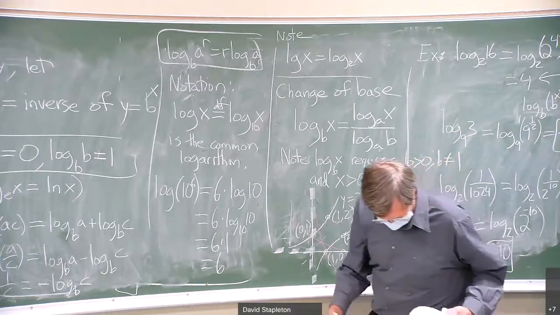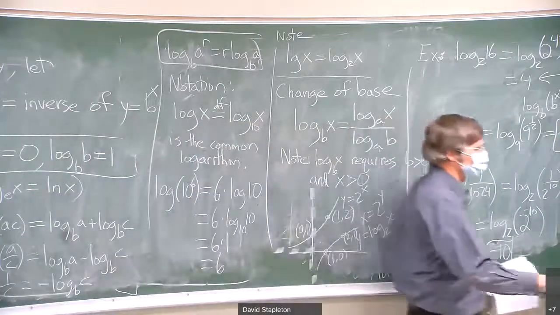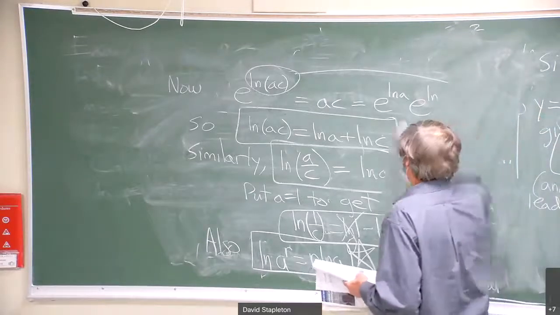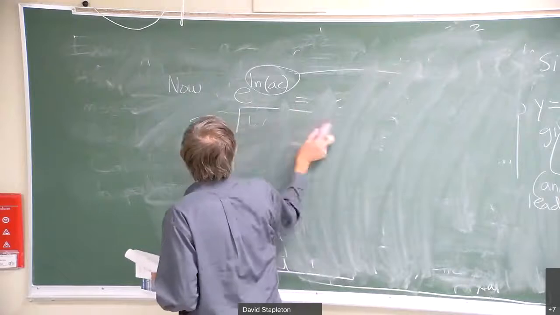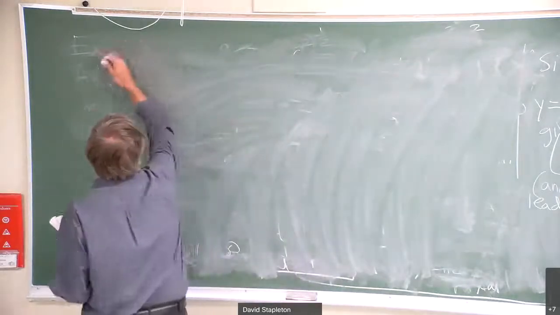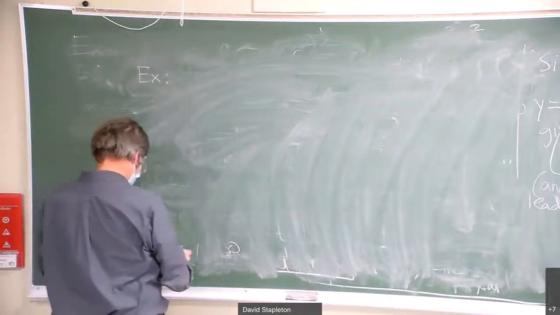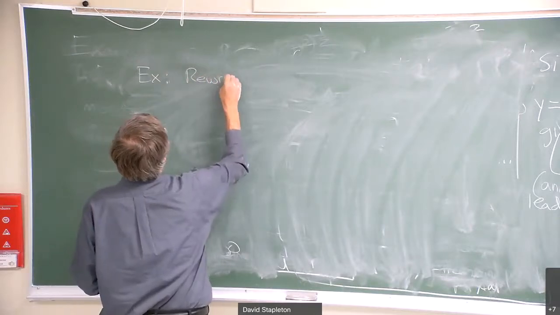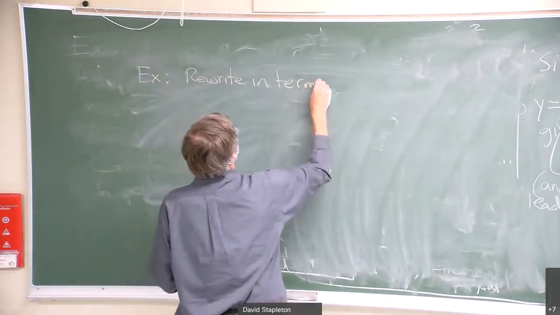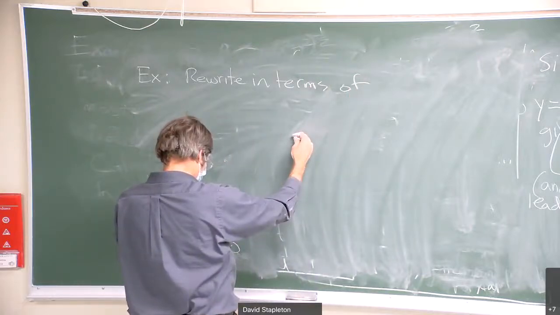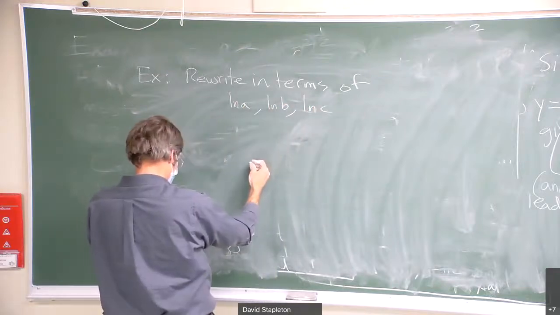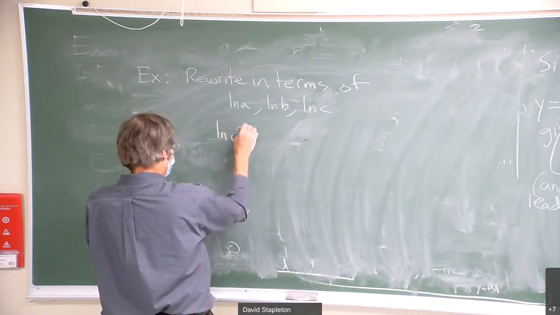Then you want to be able to simplify some of these things. Rewrite in terms of natural log A, natural log B, and natural log C the expression ln of A squared square root of BC.